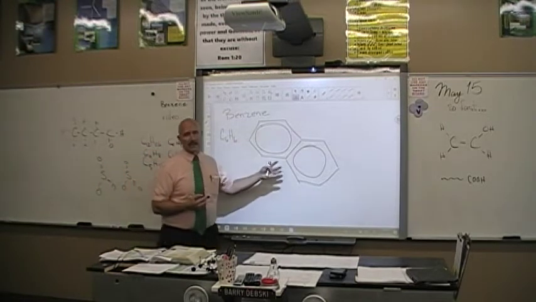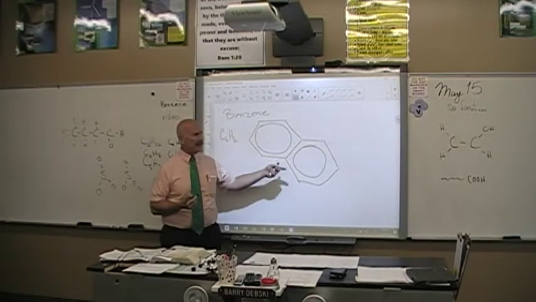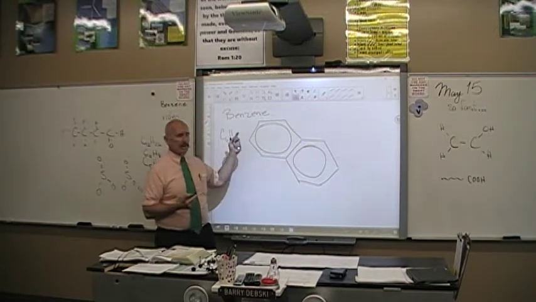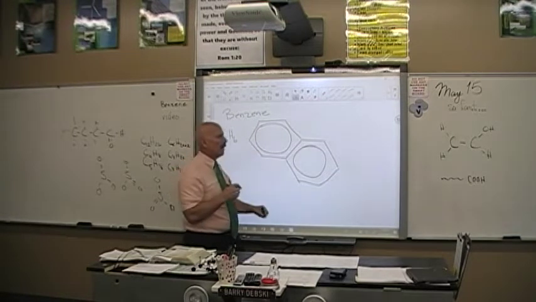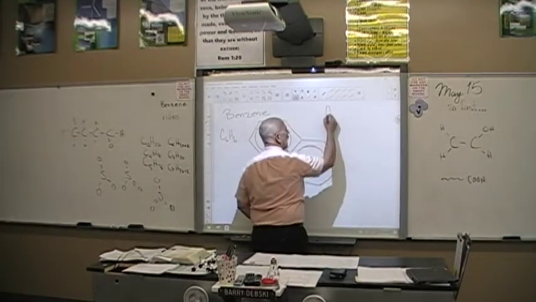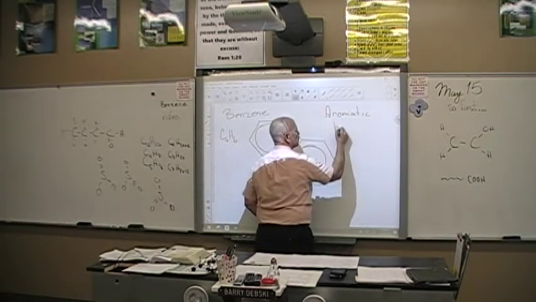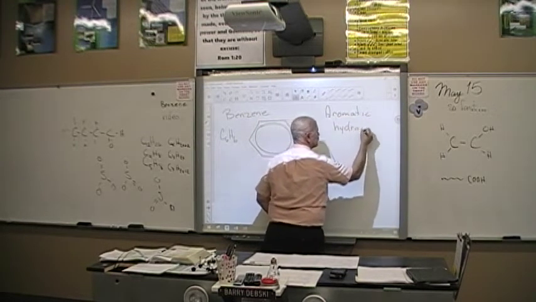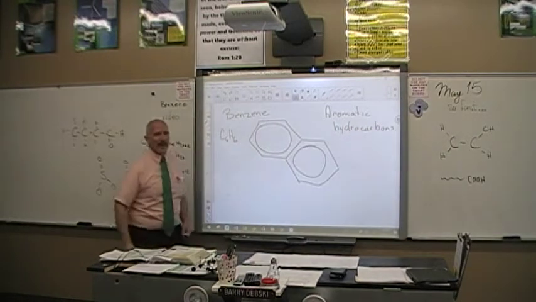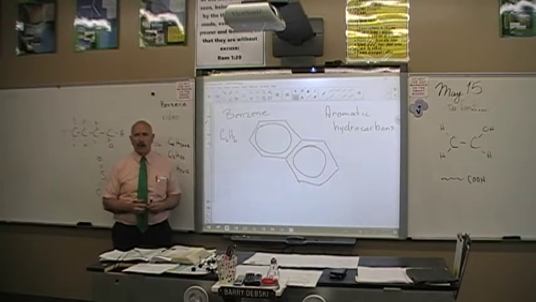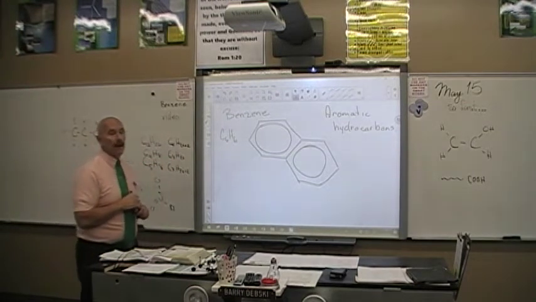And mothballs is something called naphthalene, N-A-P-H-T-H-A-L-E-N-E, but it's based on benzene. Since a lot of these compounds have a very strong smell, they are called aromatic hydrocarbons. Okay, so benzene is the foundation for aromatic hydrocarbons, cyclic hydrocarbons.